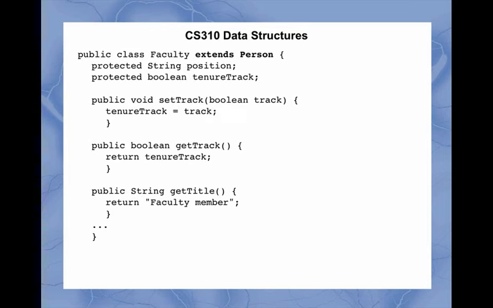So here's an example of a derived class. Faculty is inherited from person. So the syntax, of course, is public class Faculty extends Person, and the keyword extends means that it inherits from Person. Thus, Faculty automatically has name, address, city, state, zip, Red ID. Every field, every variable that's in class Person that isn't private is inherited, and so we don't need to repeat that information.